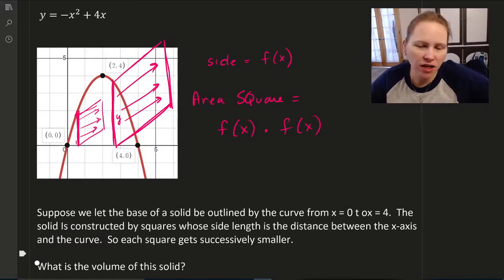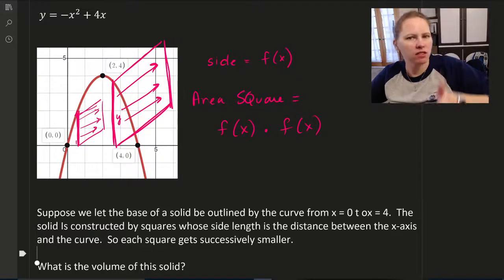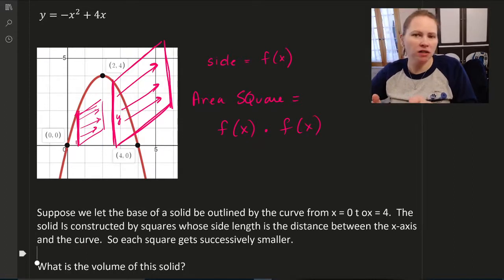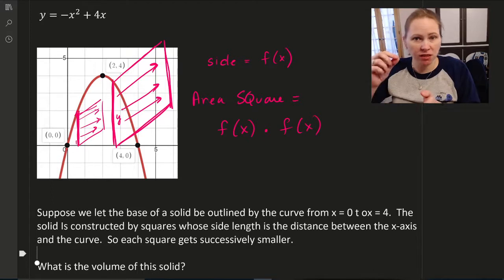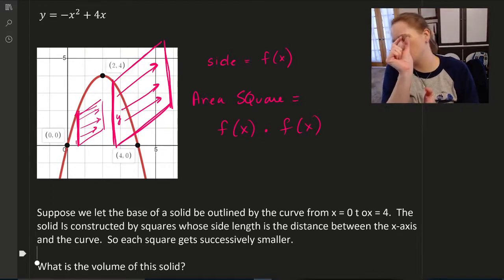So to find the volume, what we want to do is slice right along those squares. And if we continue to slice those squares into small boxes, well, the volume of that box would be side times side, and then times the height of the box, so the width that we cut that box to.